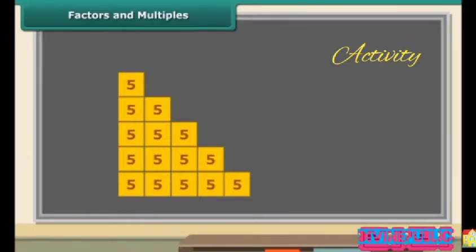It is clear from the figure that the numbers 5, 10, 15, 20 and 25 are multiples of 5. Each of these numbers is greater than or equal to 5. So, 5 is a factor of 5, 10, 15, 20 and 25.